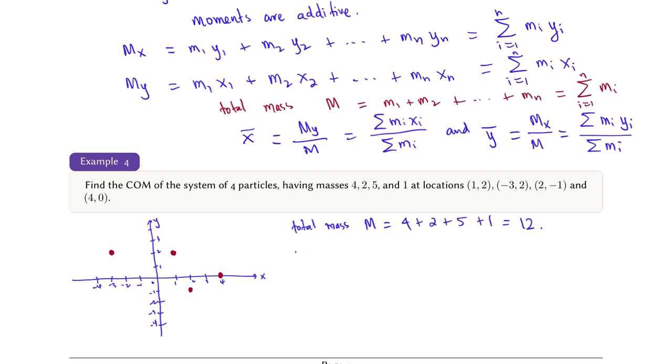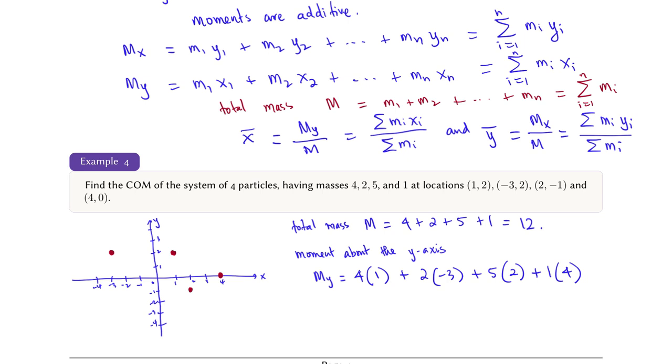Next, we find the moment about the y-axis. The moment about the y-axis is computed using the product of the mass times the distance from the y-axis. And so the distance from the y-axis, the x-coordinate, we take the mass times the corresponding x-coordinate, and we keep doing that for how many particles there are.